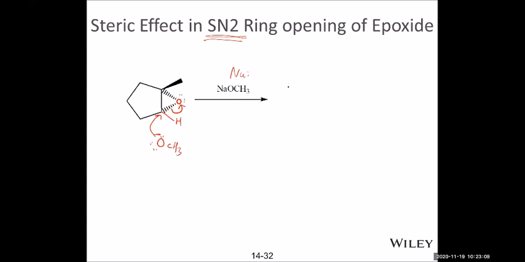After this, we get the product. We are attacking this carbon from my side, so that the oxygen away from me can break from this carbon. Therefore, the nucleophile-carbon bond is a wedge.